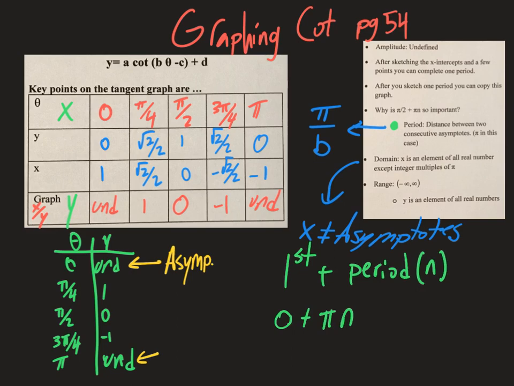That leaves us with just pi n as my asymptotes. So x does not equal pi n for the domain. I'll make a note of that: does not equal pi n. That's just the standard form. If we moved it around, it could change a little bit, but that is the general formula.